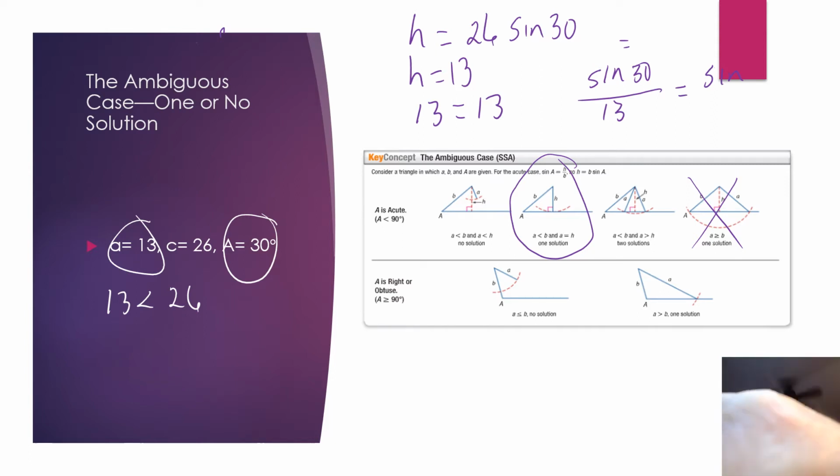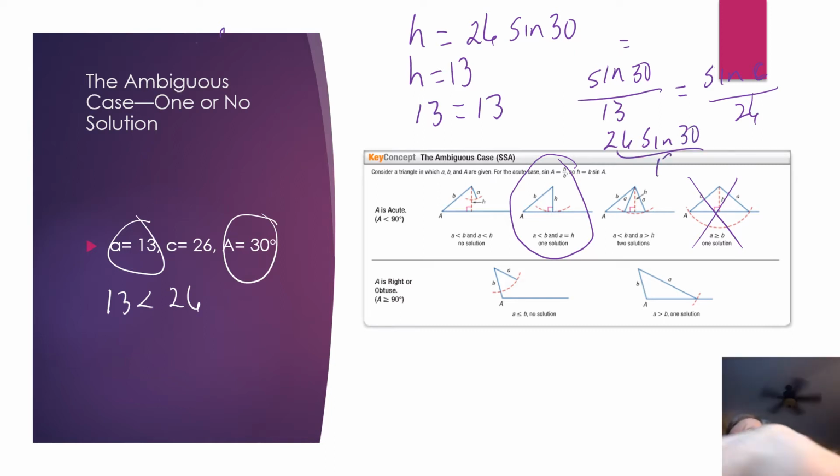Well, we're going to say sine of C because we're going to use side C. We're going to use what we know. And then when we cross multiply, we've got 26 times the sine of 30 over 13 equals the sine, and it's going to be the inverse because we're trying to find the angle measure of C.